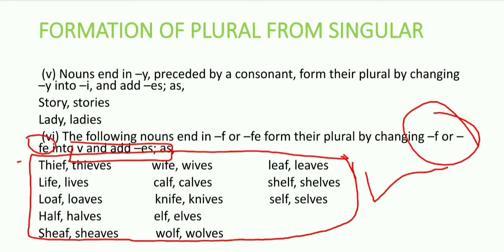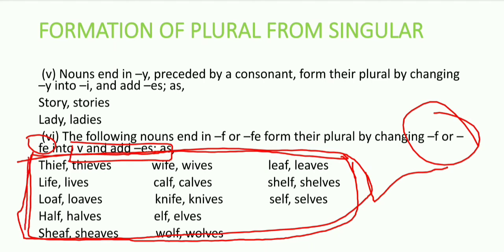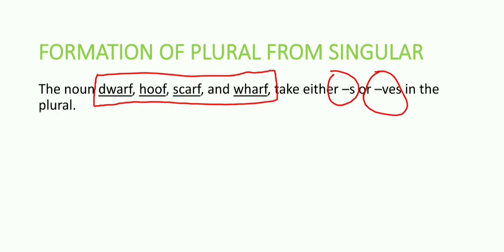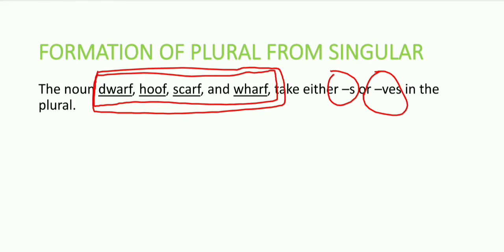These are the only nouns that add ves when making plural. Only these nouns take ves to become plural. Besides these, the four nouns you can see, keep in mind, only these four nouns make their plural by addition of either s or ves. It's your choice how to make the plural. Here you can, of your own choice, make it dwarfs as well, meaning you may only add s, or you may change it to ves. It's your choice.